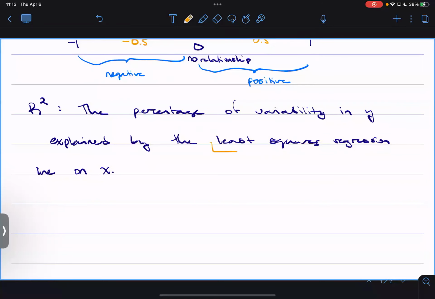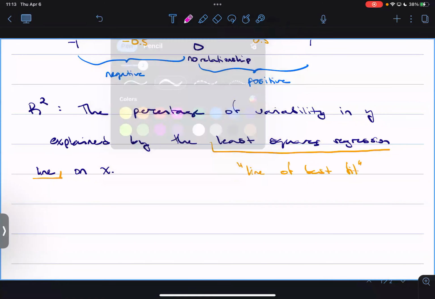Okay. So here, least squares regression line is really the line of best fit. It's how we are going to calculate the line of best fit, and most commonly how we calculate it.